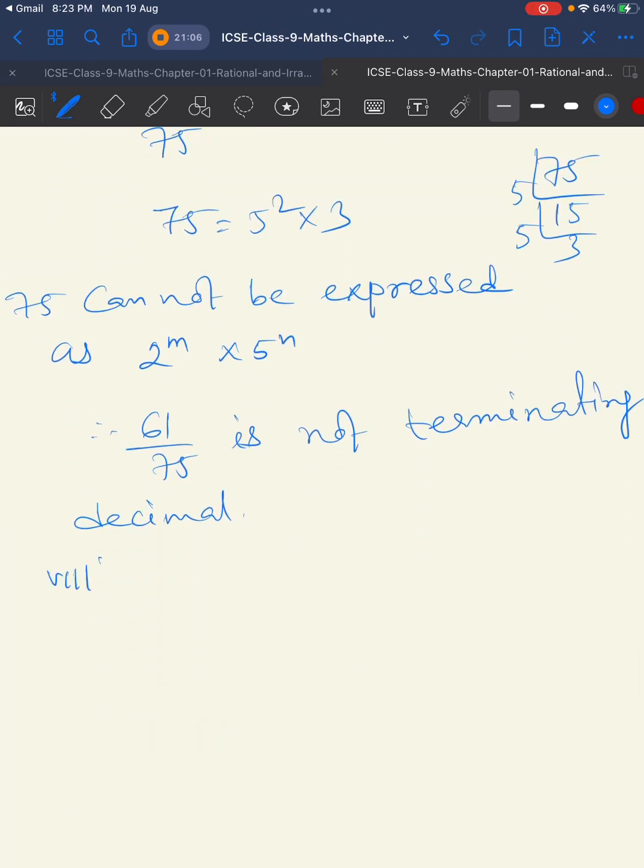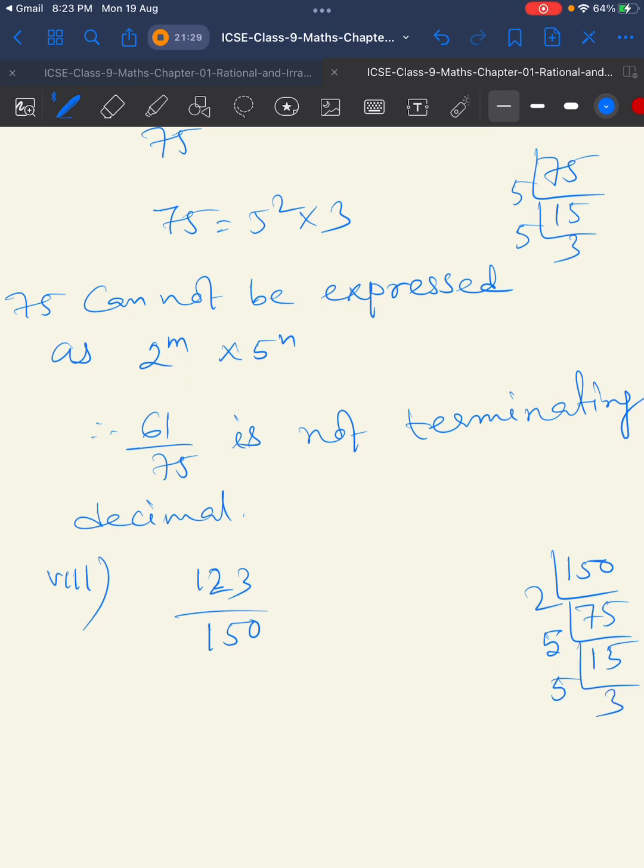Now question number 8, 123 by 150. 2 seventy-fives are 150, 5 fifteens are 75, 5 threes are 15. So 2 into 5 squared into 3.